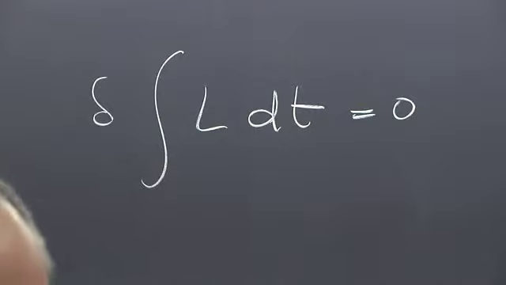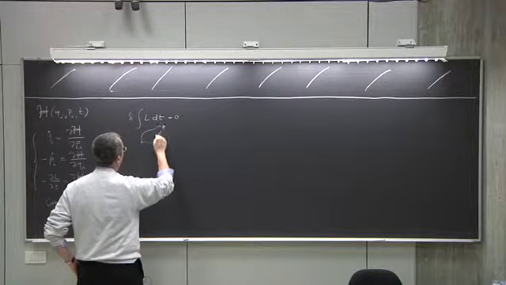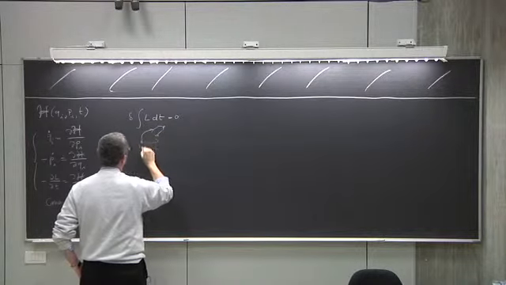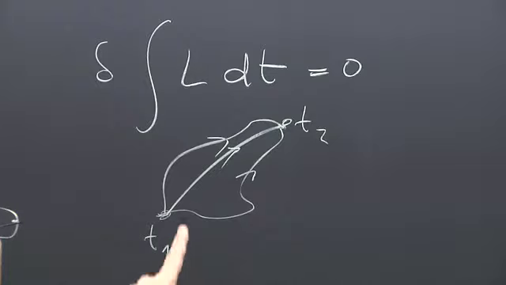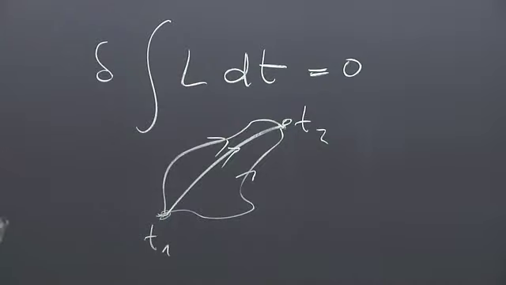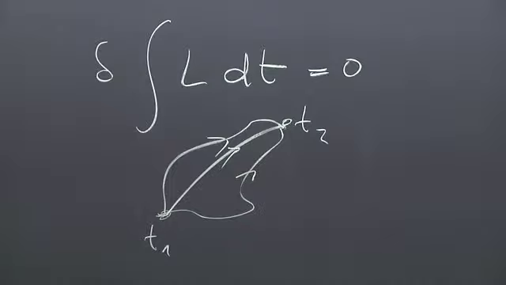Okay, that was very beautiful, very elegant, because among all the possible paths that a system can take from time t1 to t2, the actual path taken is the one that makes this integral, which is called the action, stationary, so an extremum, usually the minimum or the maximum.